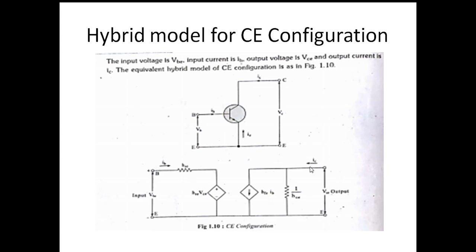By using Kirchhoff current law at a node, the sum of all the incoming currents equals the sum of all the outgoing currents. Therefore, with this concept, the second half, that is the output circuit, is developed in the hybrid model. So this IC is equal to HFE IB, this is input current, and HOE VC.